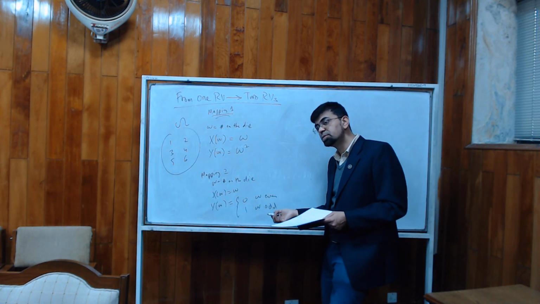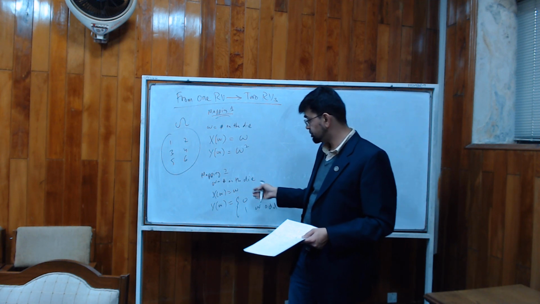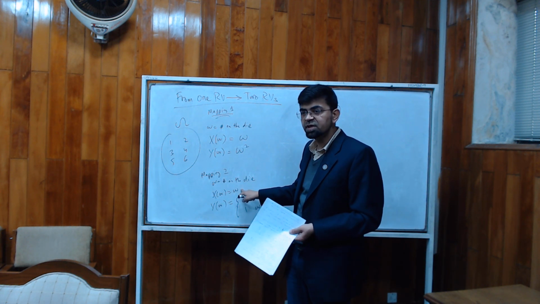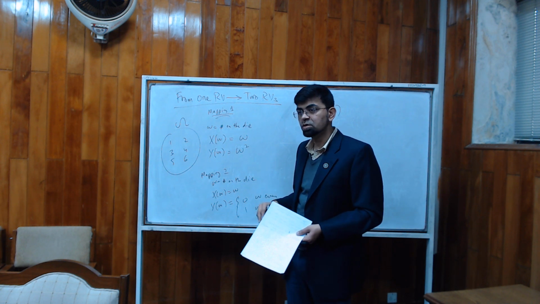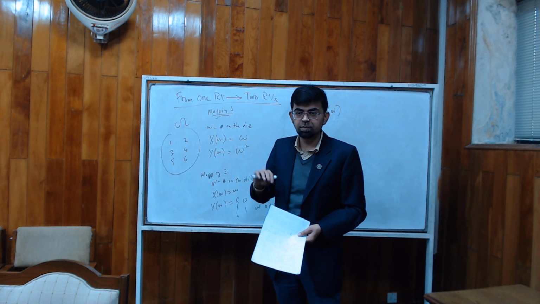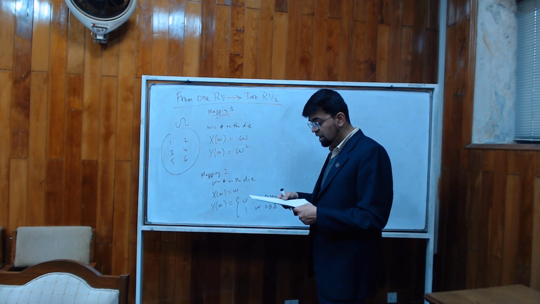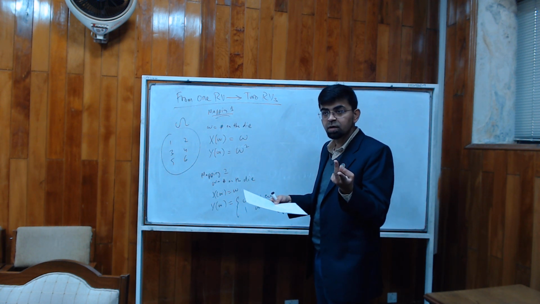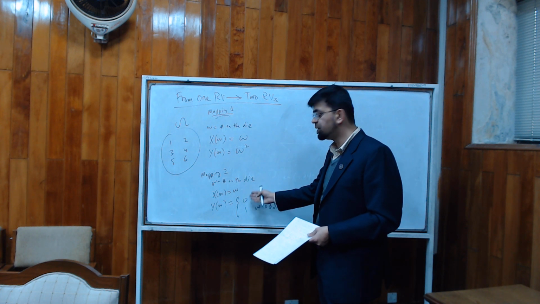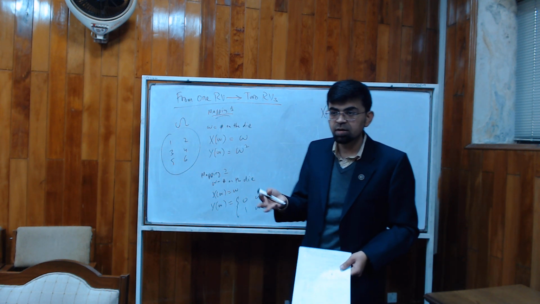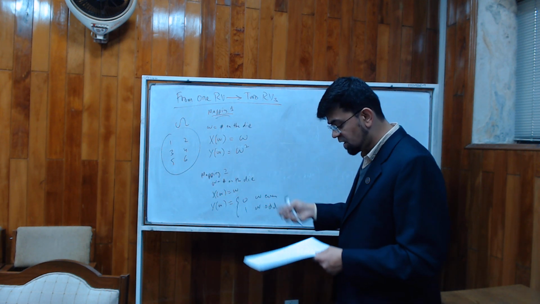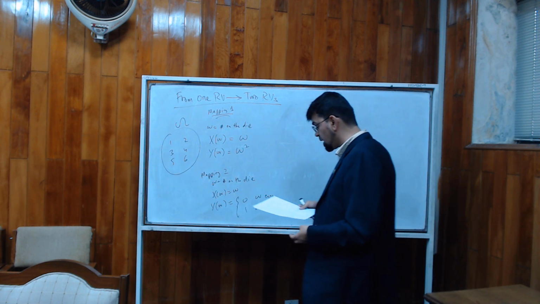Now what are the possible values? The first is 1, 2, 3, 4, 5, 6 here, and y will be 0, 1, 0, 1, 0, 1. For the even numbers it takes 0. So it has only 2 states, and you can guess the probability of each state, 50%. Half of the numbers on the die are even, half are odd.